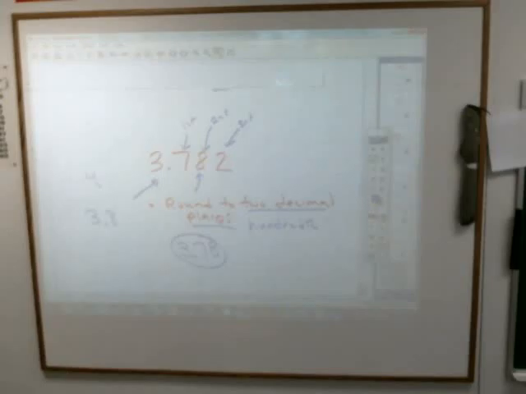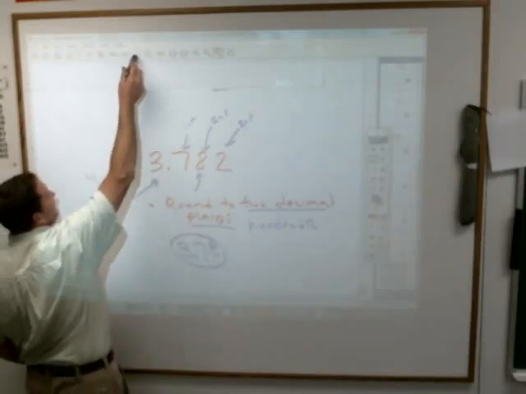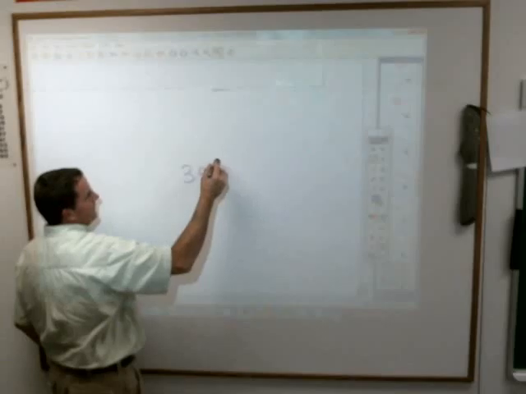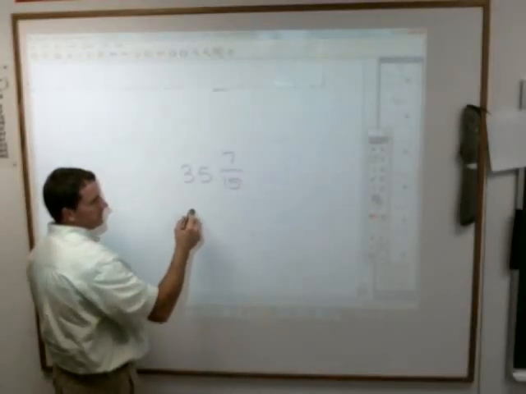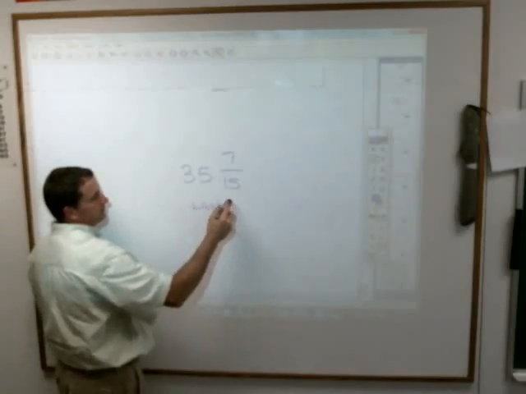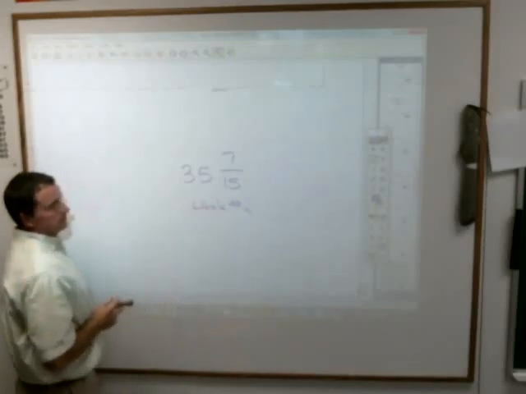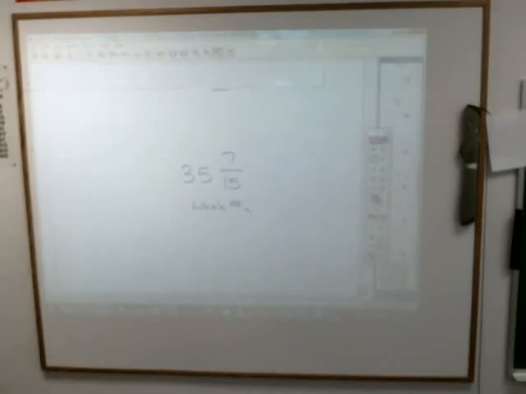And then, what about rounding fractions? What if you have 35 and 7/15ths, and you're supposed to round that to the nearest whole number? What would that answer be?